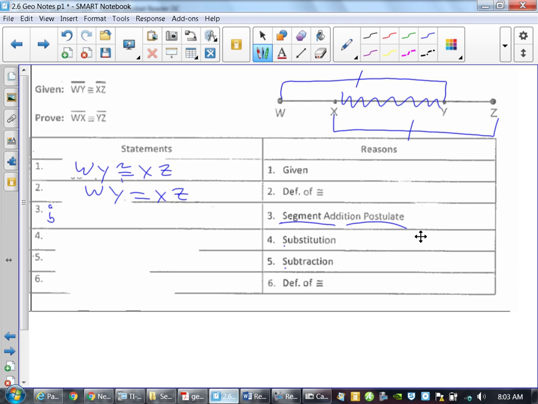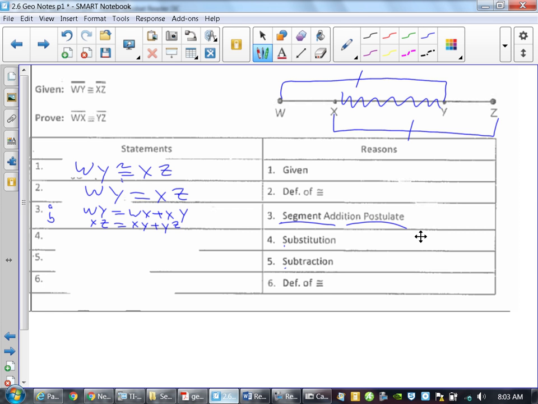So let's see here. WY is WX plus XY, and XZ is XY plus YZ. I'm just using this segment addition twice to show that those two segments work out. So now I have two things that equal the same thing.